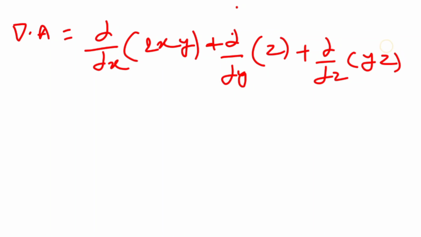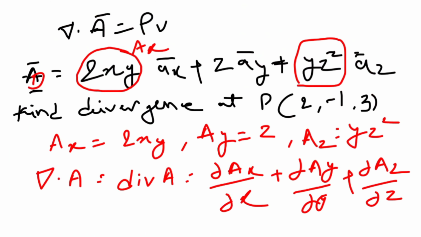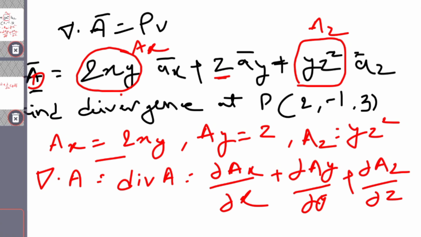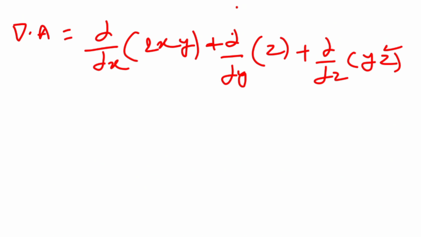We substituted all of this. Ax, ay, az we already assumed: ax is this one, ay is this one, az is this one. We do partial differentiation for that. Let us see. Dou by dou x of 2xy is the x term, where we do partial differentiation with respect to x only.